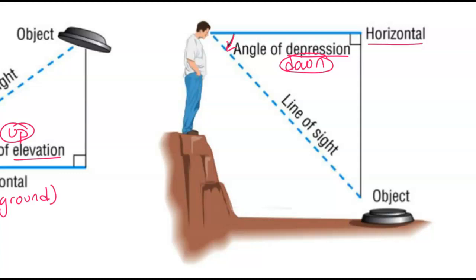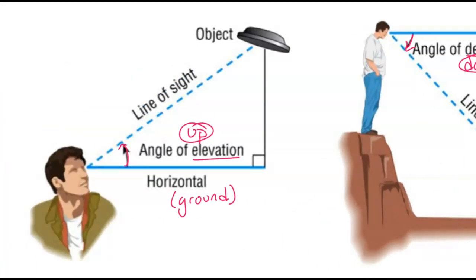Now, I do want to point out also that if I have this object up here, and I say that the object has an angle of depression, I would have to create a horizontal line parallel with the ground, and my angle of depression is going down from that horizontal line to that line of sight, and we'll call that angle theta.